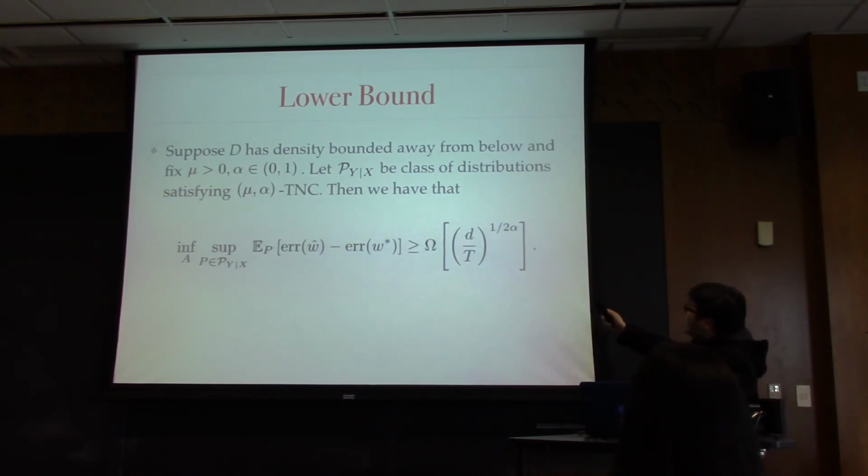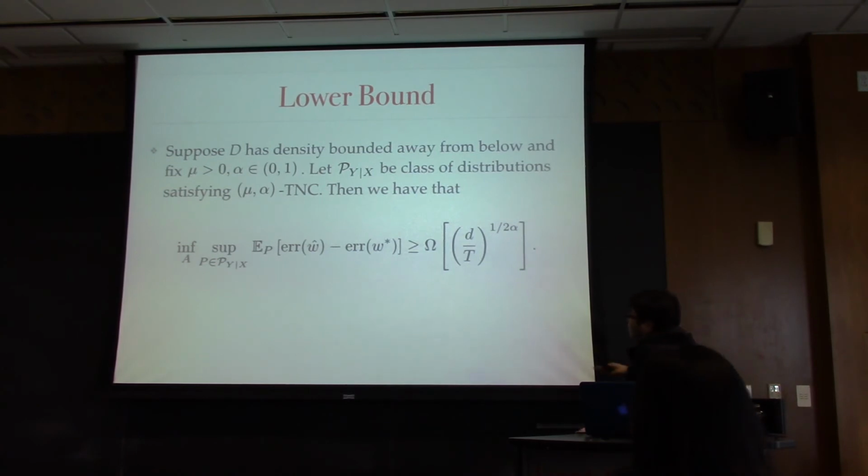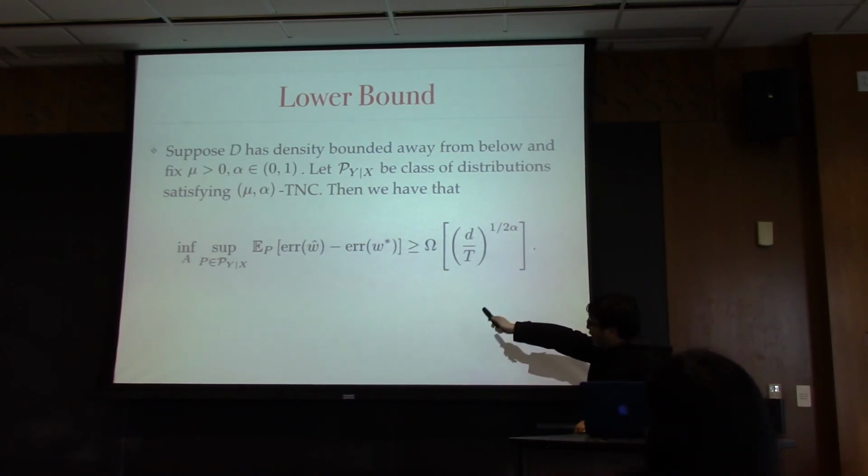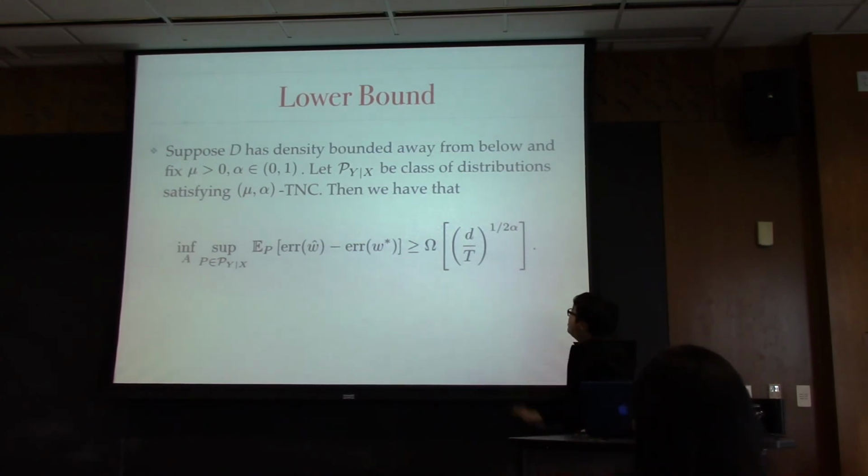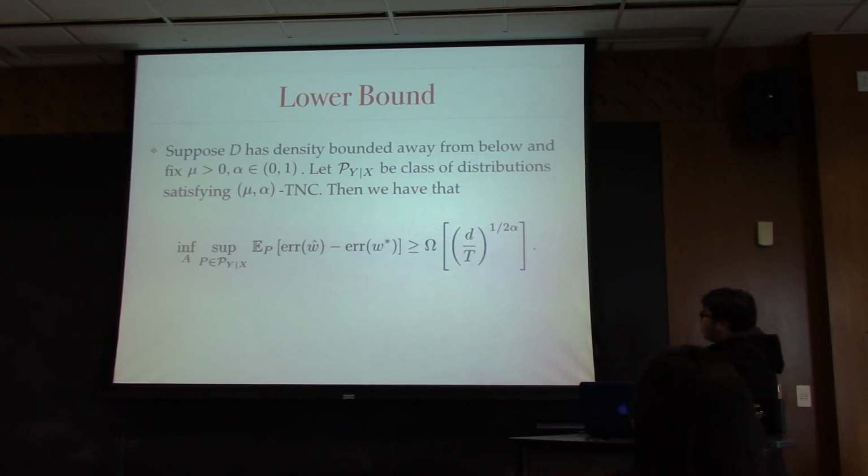So this means, suppose my data distribution has density bounded away from below, or my data distribution is uniform, and let the label distribution be all distributions that satisfy the TNC with parameter alpha. I can show that no active learning algorithm can do better in excess error than this (d over T) to the power of 1 over 2 alpha.